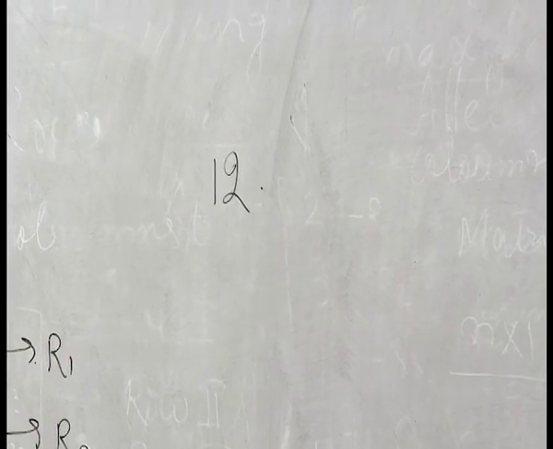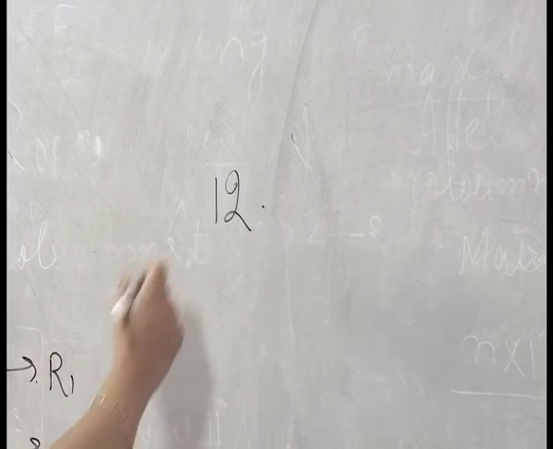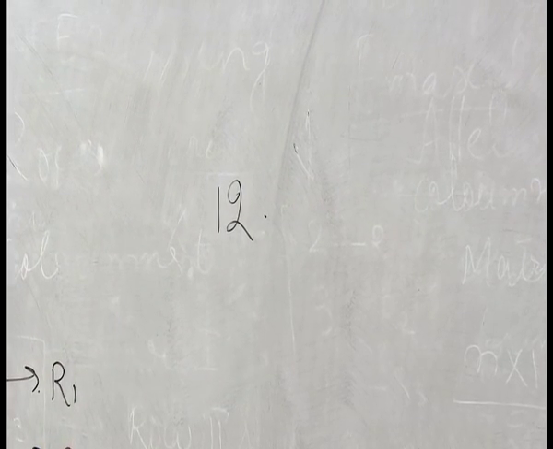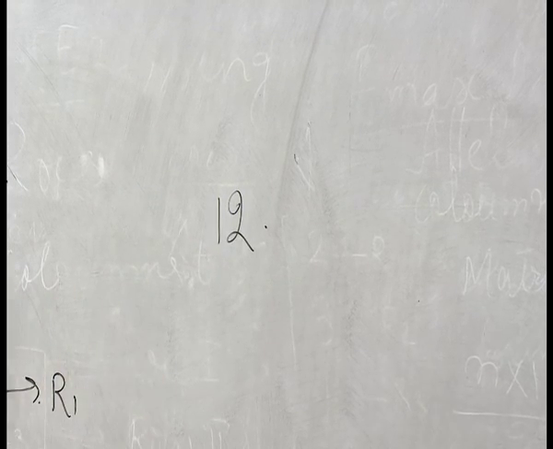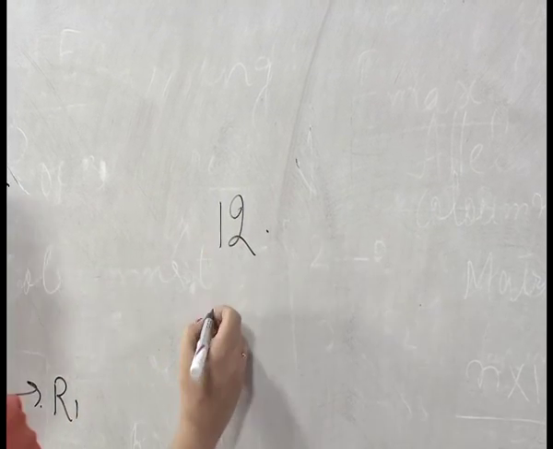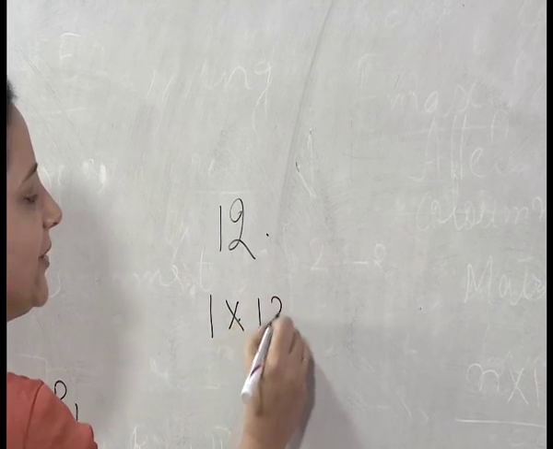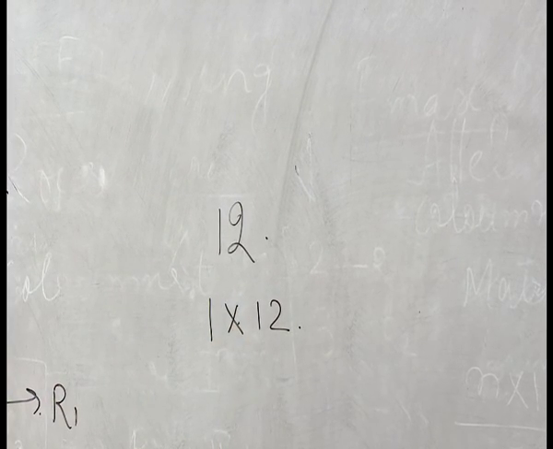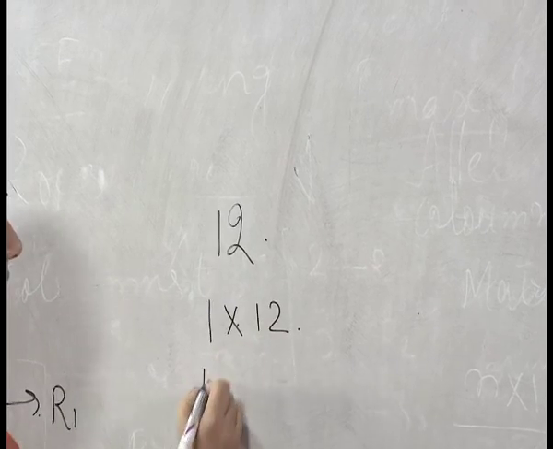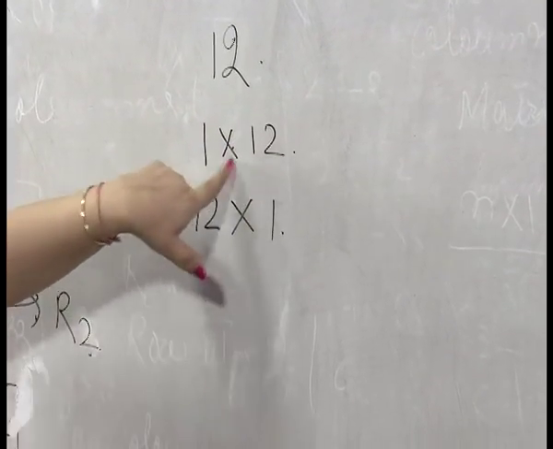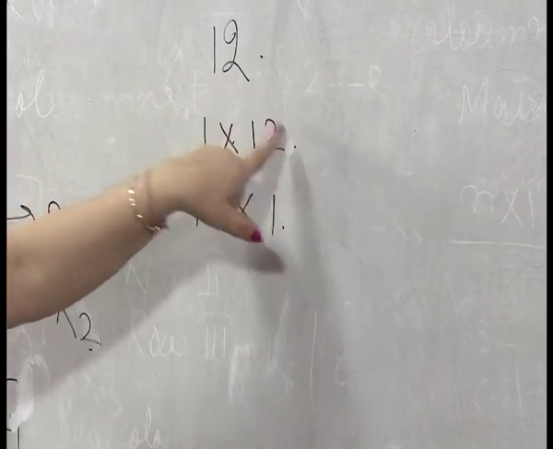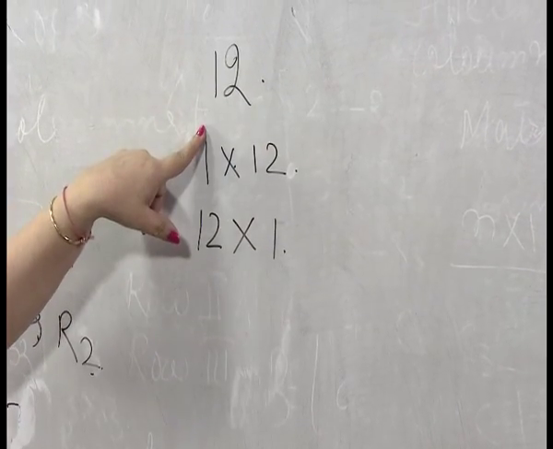The same way you write the factors of 12, you can write the order of the matrix. 1 by 12, so you can have a matrix of order 1 by 12. You can have a matrix 12 by 1. You can easily see 1 into 12, row into column, 1 row, row matrix.